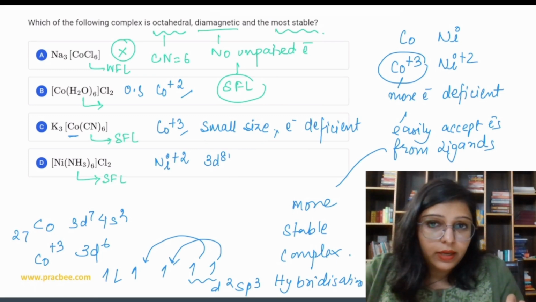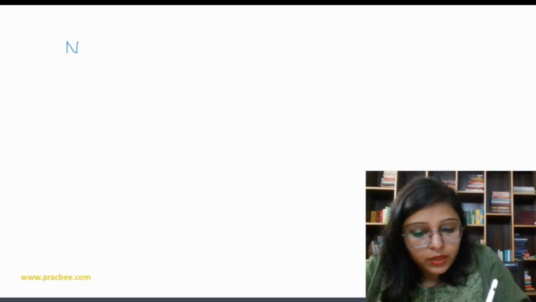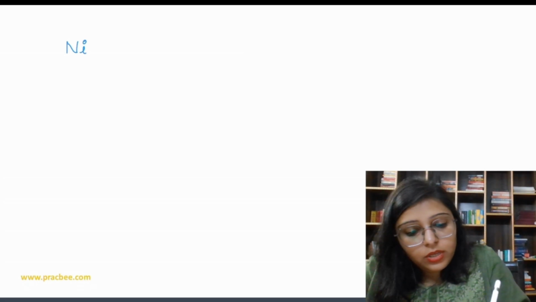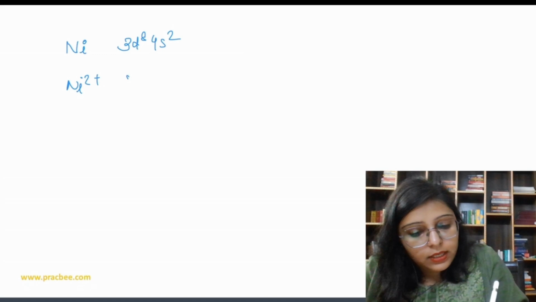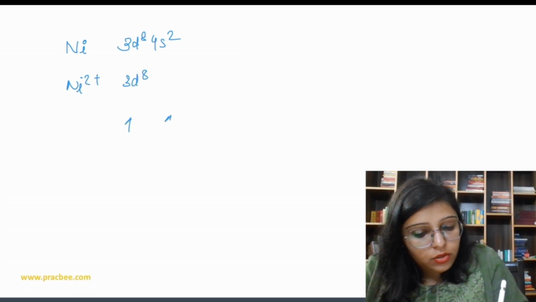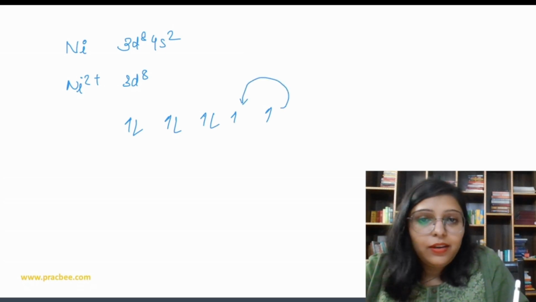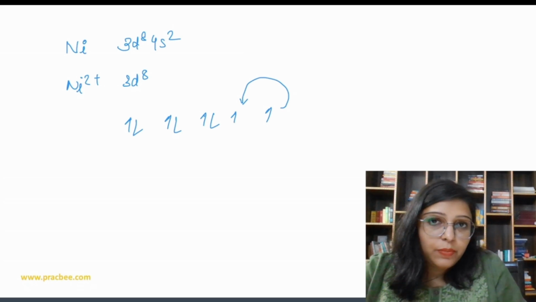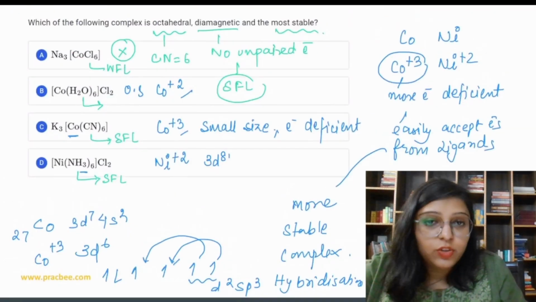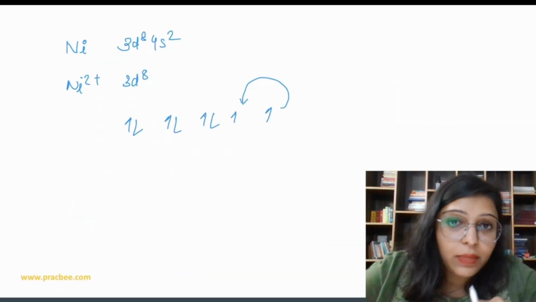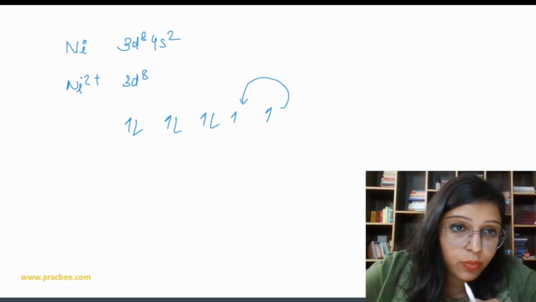So no unpaired electrons. But if we check this one, nickel is 3d8 4s2 and nickel 2+ is 3d8. So we write 1, 2, 3, 4, 5, 6, 7, 8. We can pair up, but for coordination number 6 we should have two empty d orbitals, which is not possible here.